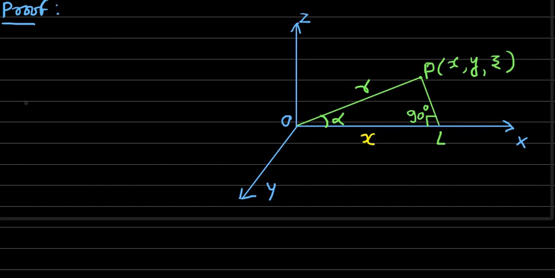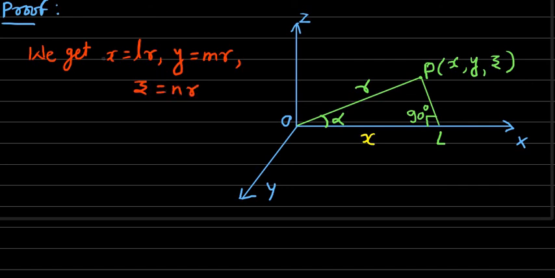As explained in the earlier article, we get x equal to LR, y equal to MR and z equal to NR. These relationships we obtain.